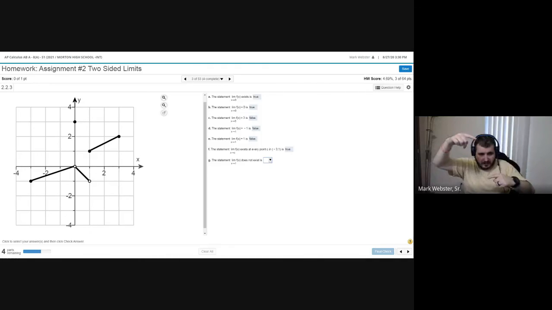So limit exists, yes or no? No. So the limit does not exist, which is what they said. They're trying to talk in circles, right? The statement, the limit does not exist, that's right. That is the correct analysis. And so the limit does not exist is yes.